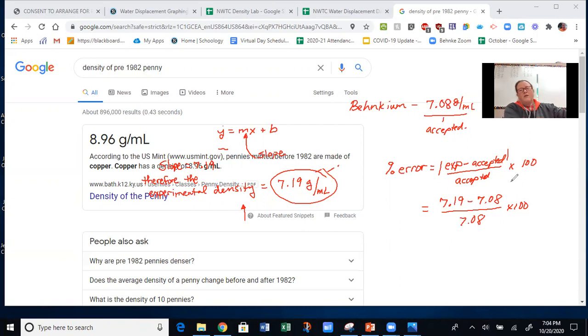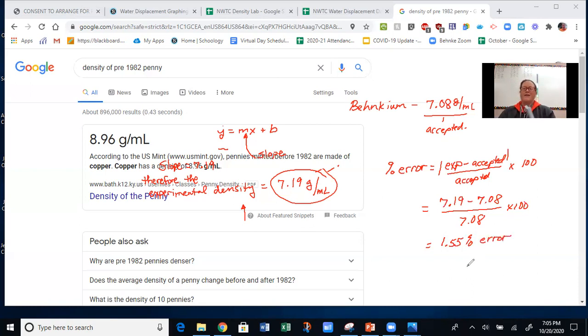And because of the order of operations, you have to take 7.19 minus 7.08 and hit equals so that calculation has been done. Divided by 7.08 times 100 is a 1.55% error.